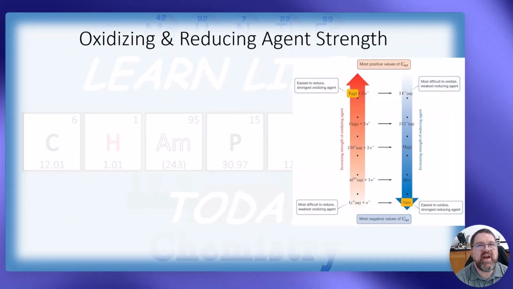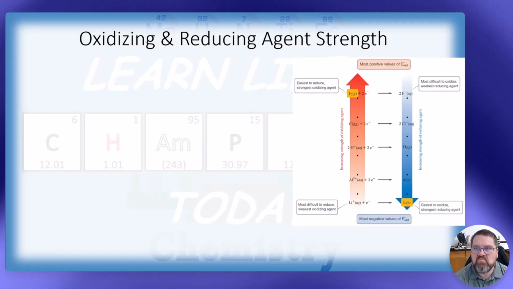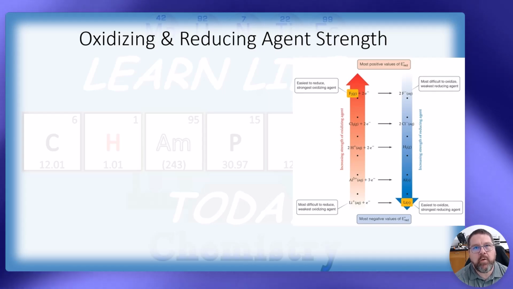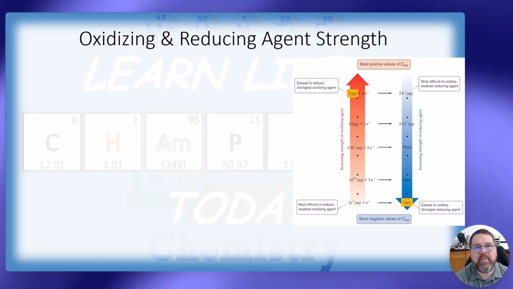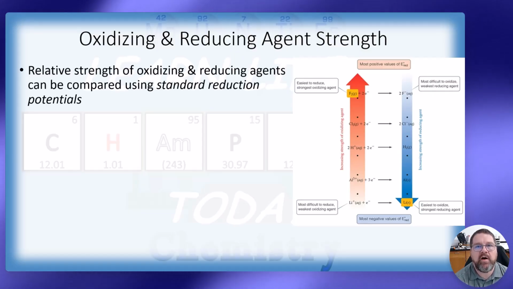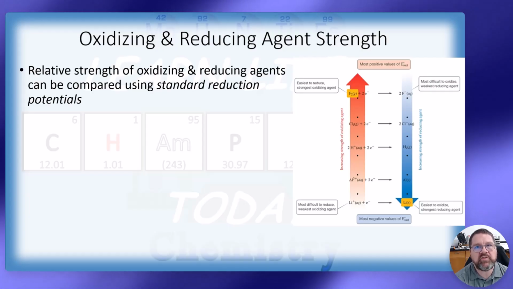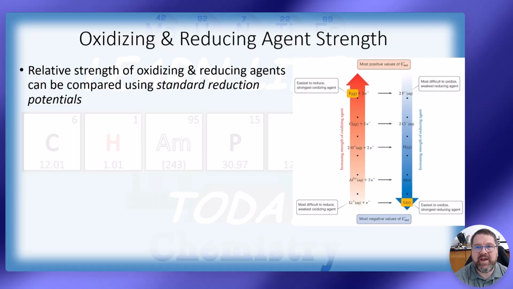So just as you can have some insurance agents that are better or more effective than others, some real estate agents that are more effective than others, oxidizing and reducing agents are going to have varying strengths. And so one way that we can measure the strength of an oxidizing agent or a reducing agent is by comparing them using what's called standard reduction potentials. And this is usually a table of values.